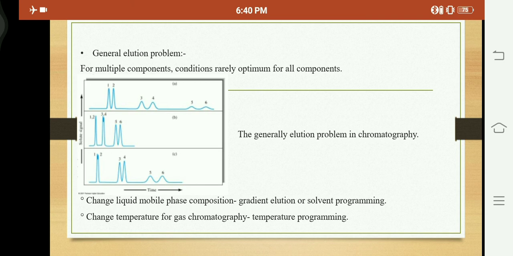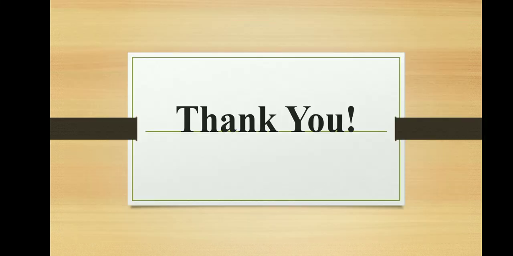A third set of conditions, in which the k' values of 3 and 4 are optimal, results in chromatogram C. Again, the separation of the other two pairs is not entirely satisfactory. The phenomenon illustrated in the figure occurs commonly enough to be given a name, the general elution problem. Thank you.